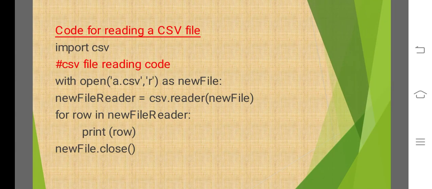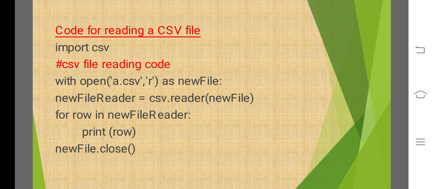Now see, the code for reading a CSV file. Import csv. With open, we open the CSV file. After opening the file, new_file_reader = csv.reader is used for reading the file. After that, we want to print whatever contents we have read from that a.csv, to display them one by one, row by row.